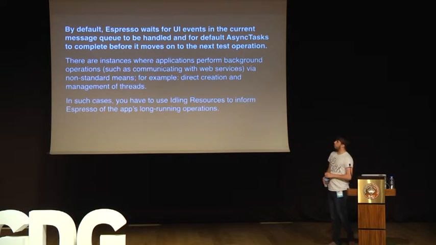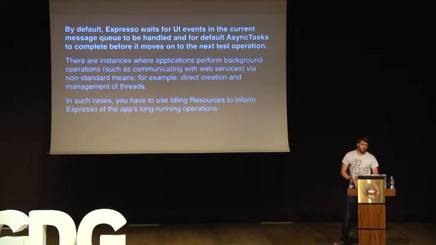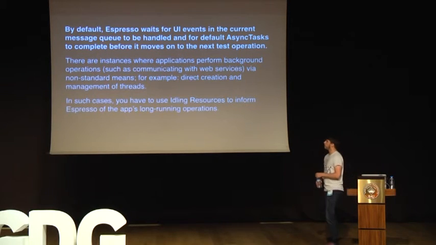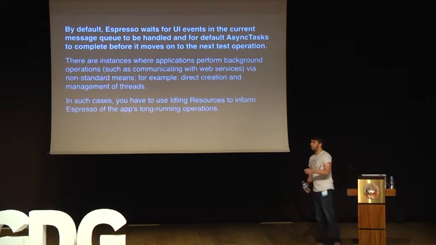If you read the documentation, you have this quite interesting paragraph about how Espresso actually works. By default, Espresso waits for UI events in the current message queue to be handled and for default async tasks to complete before it moves on to the next test operation. So you write some Espresso code like click on this, perform this, do that, assert this.